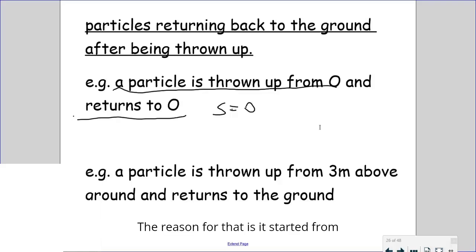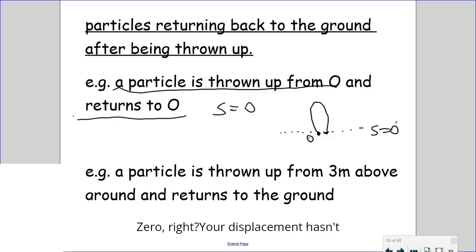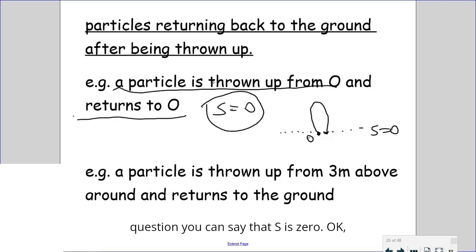The reason for that is it started from O, went up and came back to the same level. Because it came back to the same level, your S is 0. Your displacement hasn't changed because you threw it up from O, it came back to O. So in this type of question, you can say that S is 0.